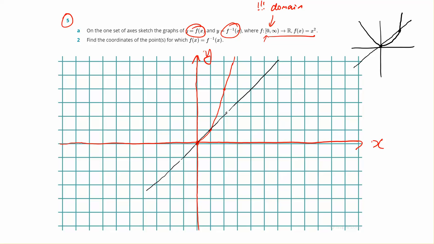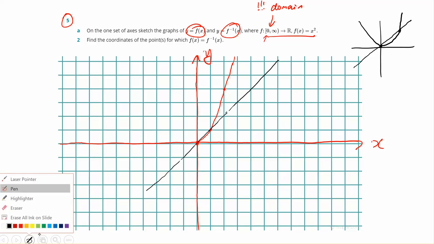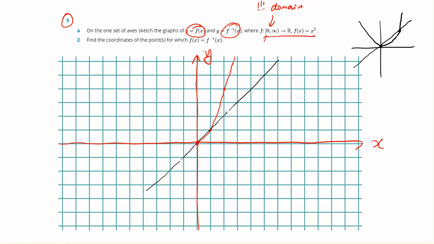When you draw the inverse, y equals x is the mirror. We're going to ignore this part, we don't want that part. We're going to reflect this part here, this part over here, and that part there. So your inverse graph looks something like that.